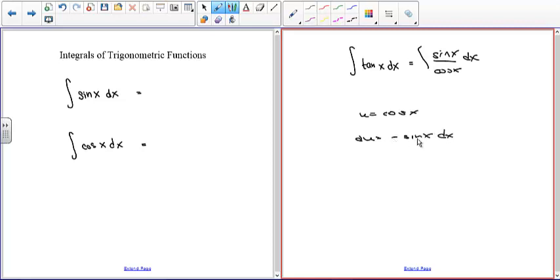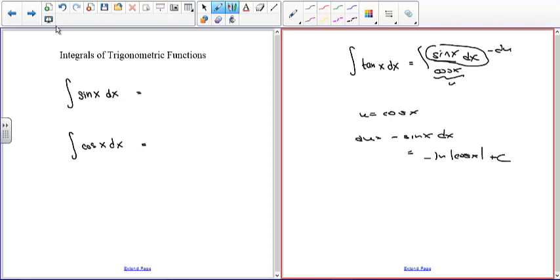The derivative of the cosine is negative the sine of x dx, therefore this part becomes negative du, this part becomes u, and when you integrate that, the integral of 1 over u du is the natural log of u, and you have the negative sign, so you get the natural log of the absolute value of u, which is the cosine of x. And we already did that, so I'm just reminding you what we did.